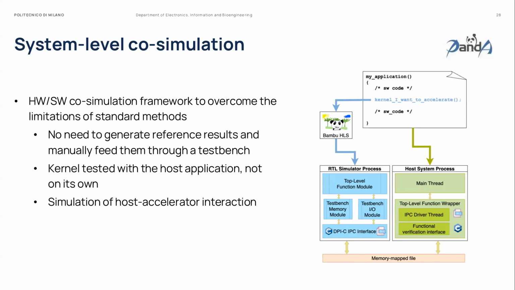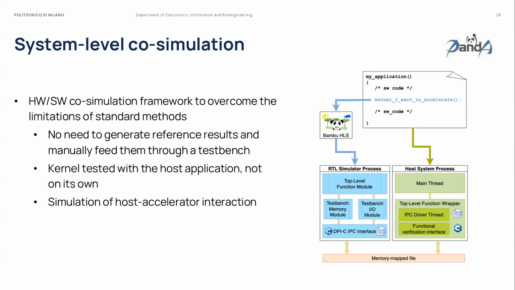This was extra manual work, and it means that if the kernel you're accelerating comes from a larger application, the functionality is not tested in the context of that application. You have to run the application and save data, and then feed them to the accelerator in a different program.